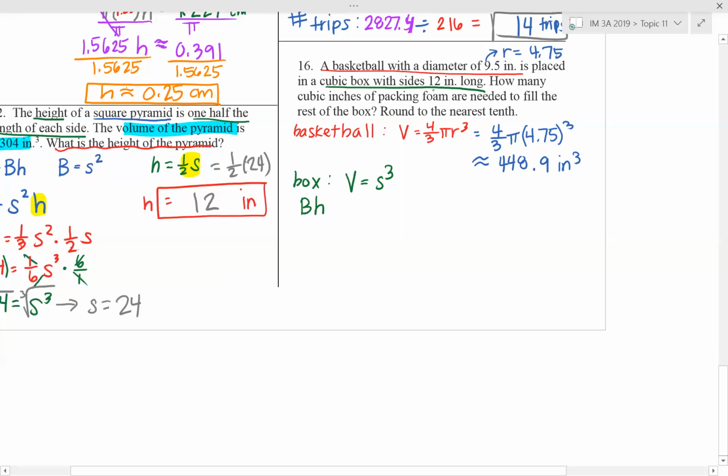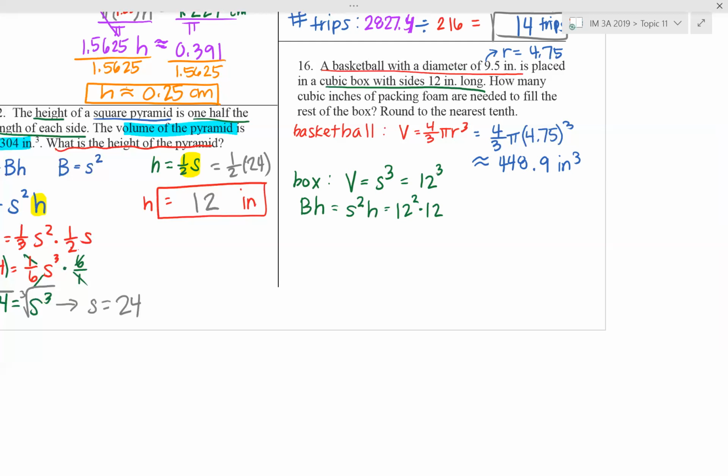And so what we would do with that is the base is a square, so it would be s squared. And then the height would actually be the same number. So technically we could do 12 squared times 12 to model that, but recognizing that if it's a cube, all three sides are the same, and just raising that number to the third power, that's an easier way to identify the volume of a cube of some sort.